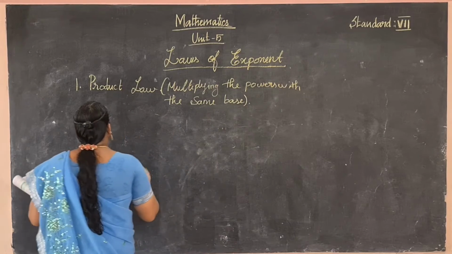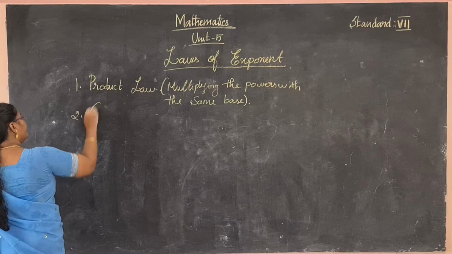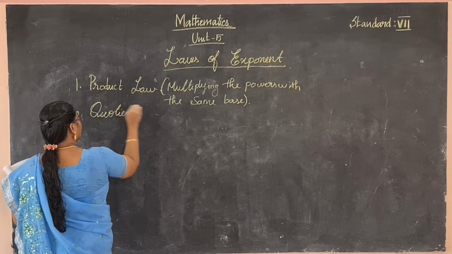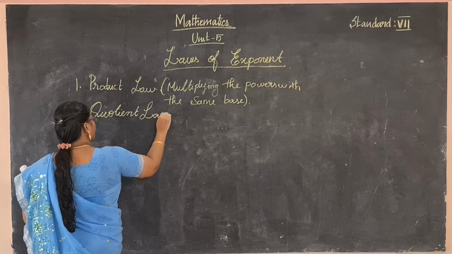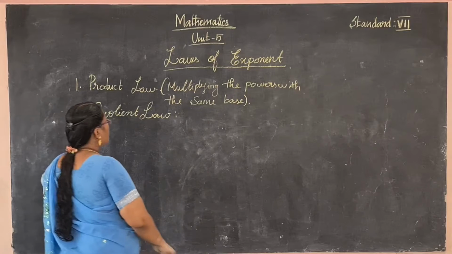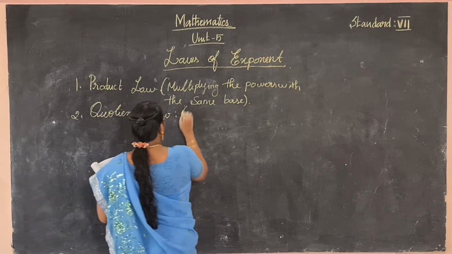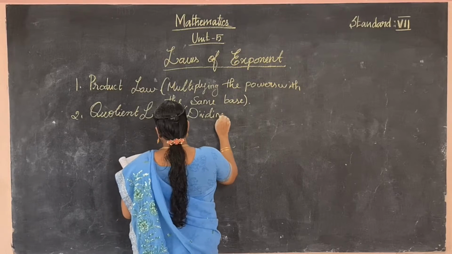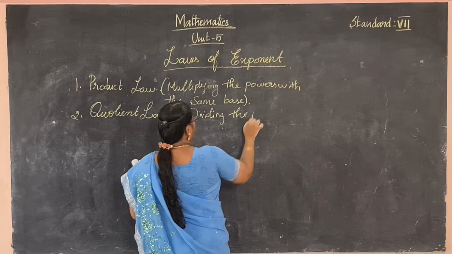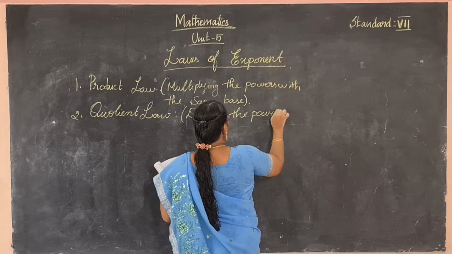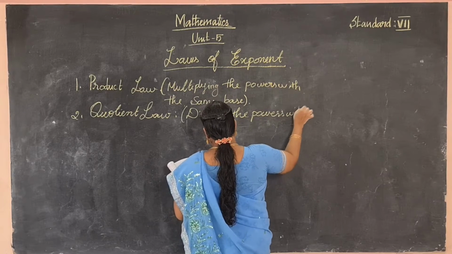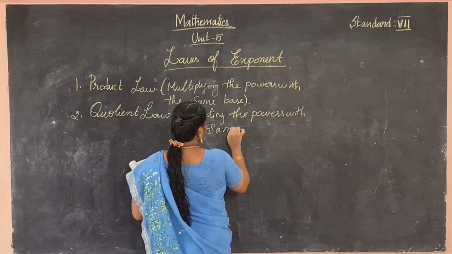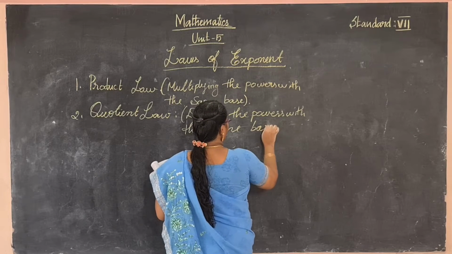The second one is the quotient law. In your book it is given as division; quotient means division, everyone knows this. So, dividing the powers with the same base.